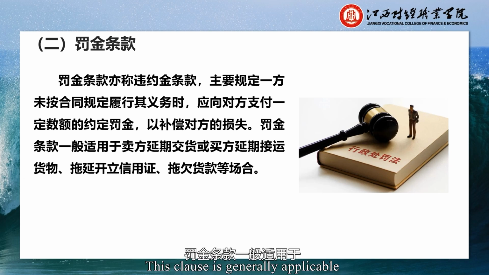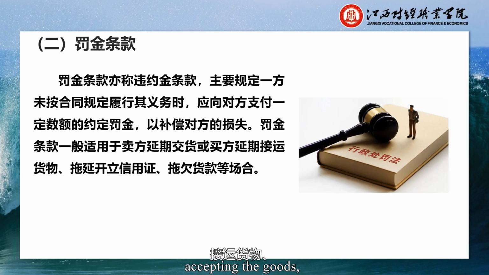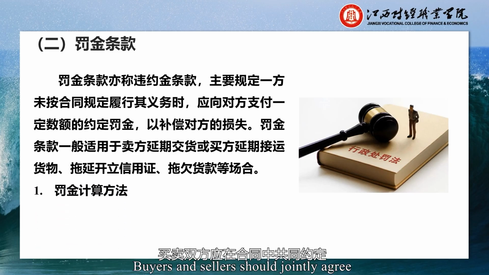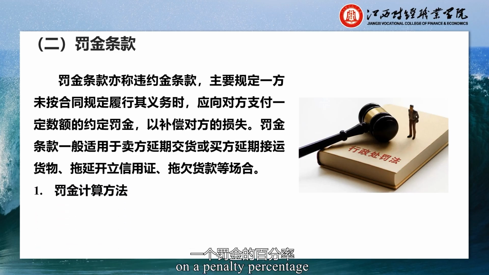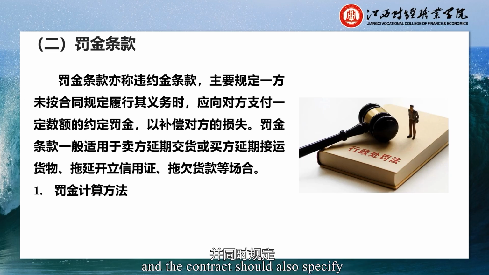This clause is generally applicable in situations where the seller delays delivery or the buyer delays accepting the goods, delays in opening a letter of credit, or defaults on payment. Buyers and sellers should jointly agree on a penalty percentage or penalty amount in the contract. The penalty percentage or amount depends on the length of the delay, and the contract should also specify the maximum penalty percentage or maximum penalty amount.